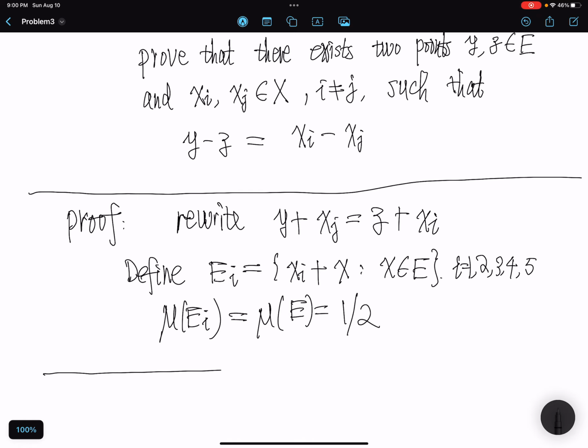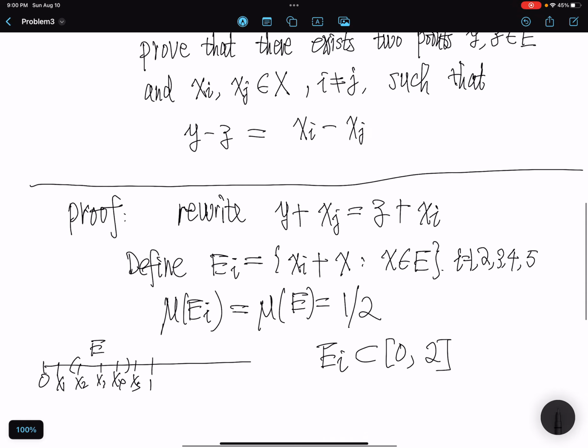Right? So if you look at this from 0 and 1, and then some E here, and then we have some x_1, x_2, x_3, 4, and 5, right? So now by shifting this, we know each E_i, because x is from 0 and 1, is actually a subset of [0, 2].